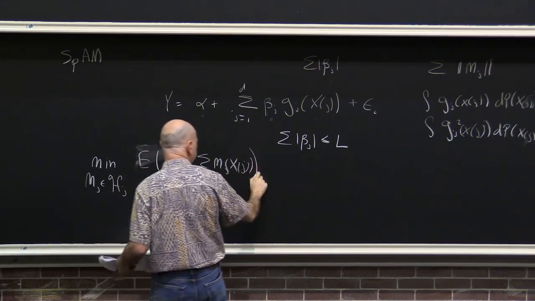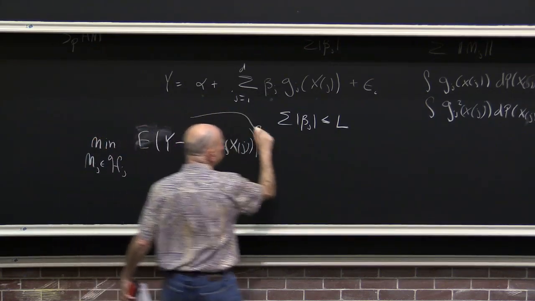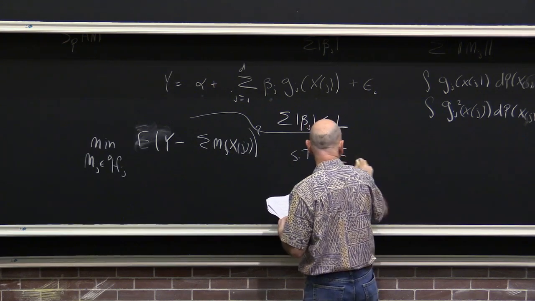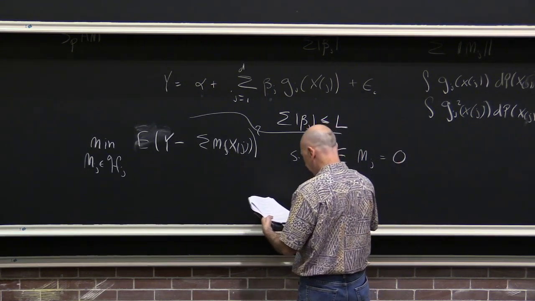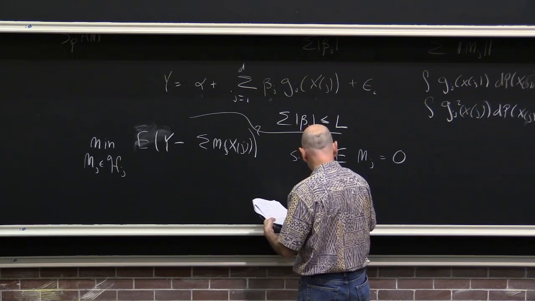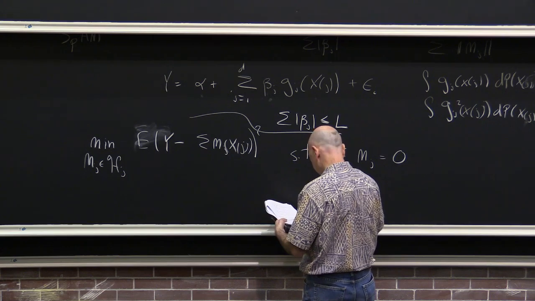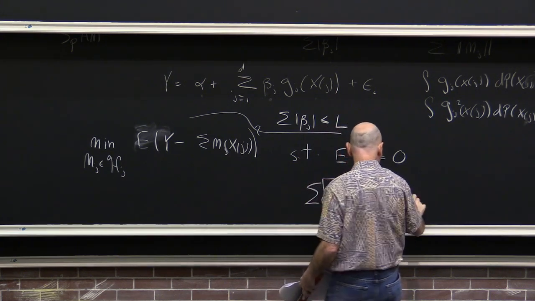squared. So I'm writing down the population version of the sparse nonparametric problem, subject to the mean of these m_j's being 0 for identifiability, and the expected value of m_j squared, the square root of which is the norm, being less than or equal to some constant.